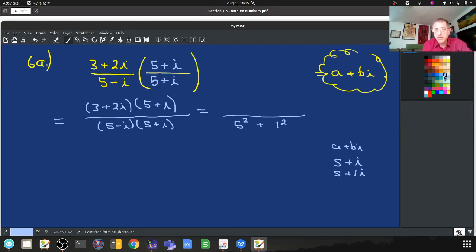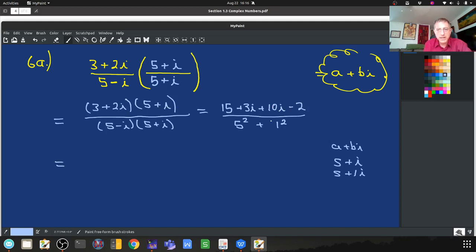So 3 times 5 is 15. 3 times i is plus 3i. 2i times 5 is 10i. And 2i times i is 2 times i squared, which is 2 times minus 1, which is minus 2.